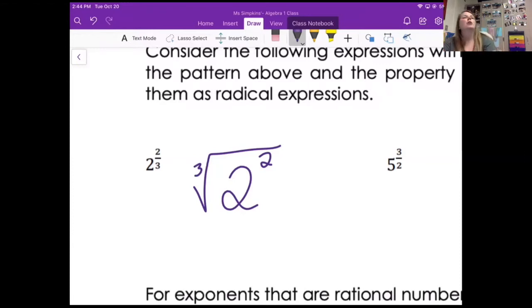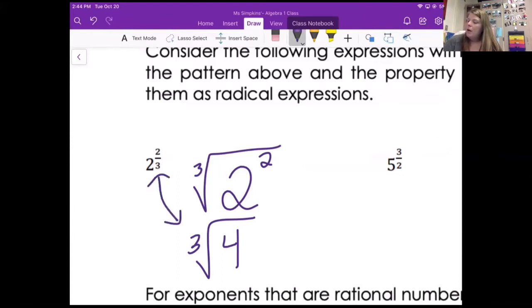Now, I would prefer you not leaving it like this because we can simplify it a little bit more. 2 squared is 4. So that would read the cube root or the third root of 4. These are the same thing. All we did was we rewrote the one with the fraction exponent into a radical.